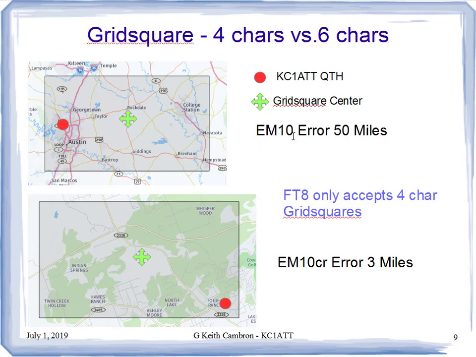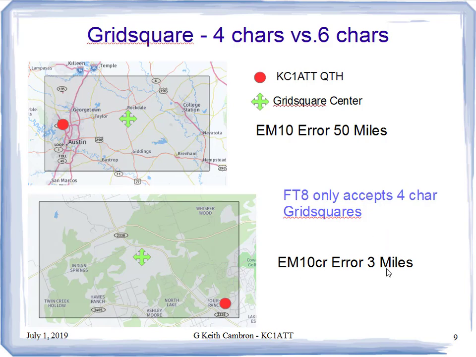2-pair grid squares, that is 4 characters, have a substantial error. I've plotted my QTH here in Texas against the center of the grid square of EM10, and we find there's a 50-mile error, which is typical. If I use a 3-pair or 6-character grid square, then that error drops to 3 miles.